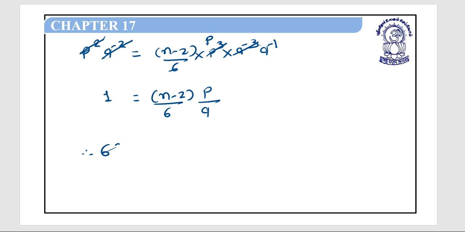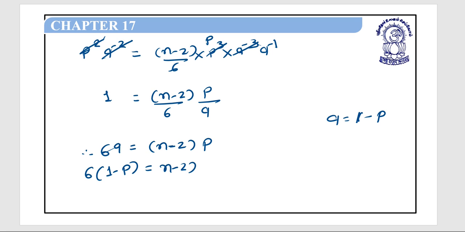So 6q is equal to n minus 2 into p. Here q is equal to 1 minus p. 6 into 1 minus p is equal to n minus 2 into p.